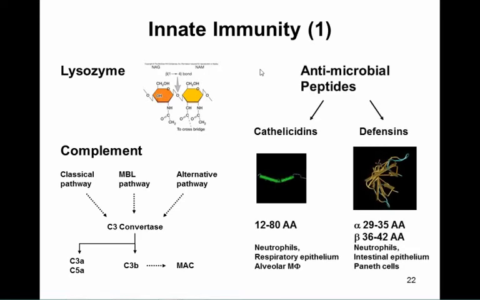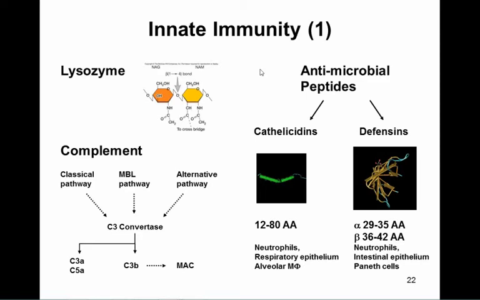And the last thing we need to know about today is antimicrobial peptides, cathelicidins and defensins. These are short peptides. The cathelicidins are alpha helix, defensins are beta sheet. Relatively short, okay. And neutrophils express them both. But the cathelicidins are otherwise in the respiratory epithelium and expressed by alveolar macrophages.